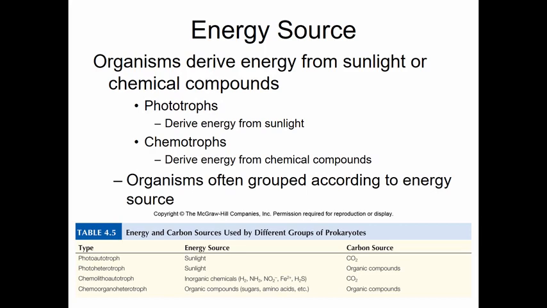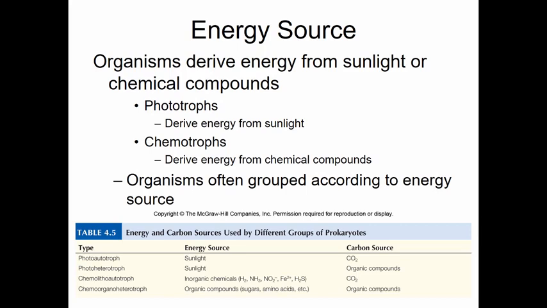Us as humans, are we phototrophs or chemotrophs? We are chemotrophs, okay? It just so happens that all that food that you are eating while you are in here is not only your energy source, but it also functions as your carbon source as well, okay? We typically group them according to energy source and carbon source together, okay?